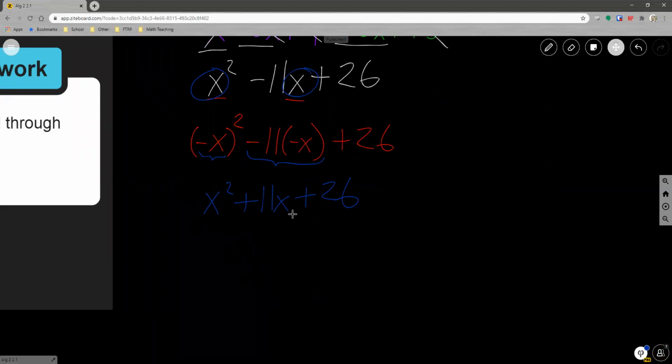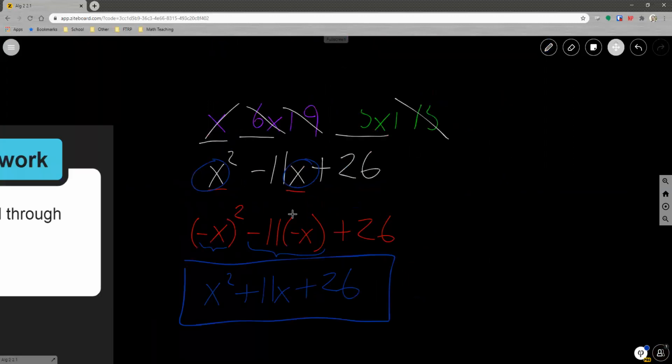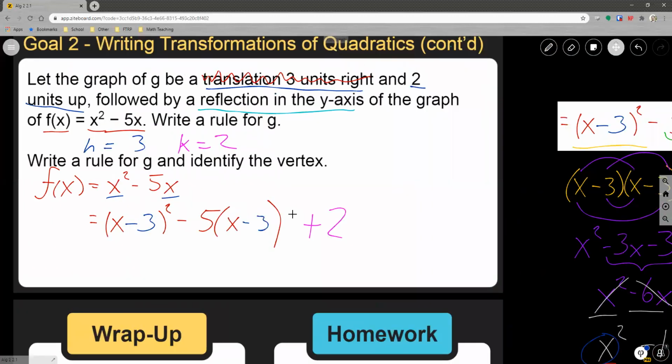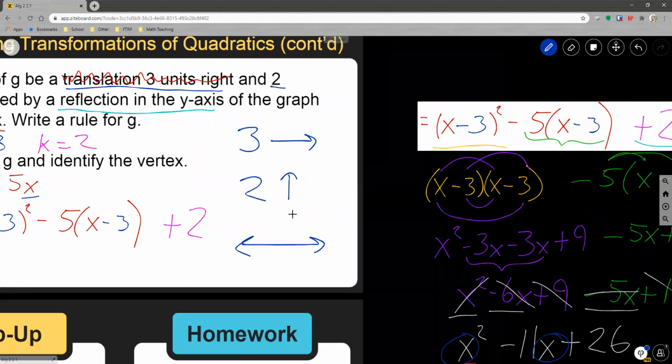Now I still haven't written the vertex though. But my vertex, we can find that relatively easily because I know I translated 3 units to the right and 2 units up before I reflected horizontally. Since I horizontally reflected, that means everything on the right went to the left, everything on the left went to the right.